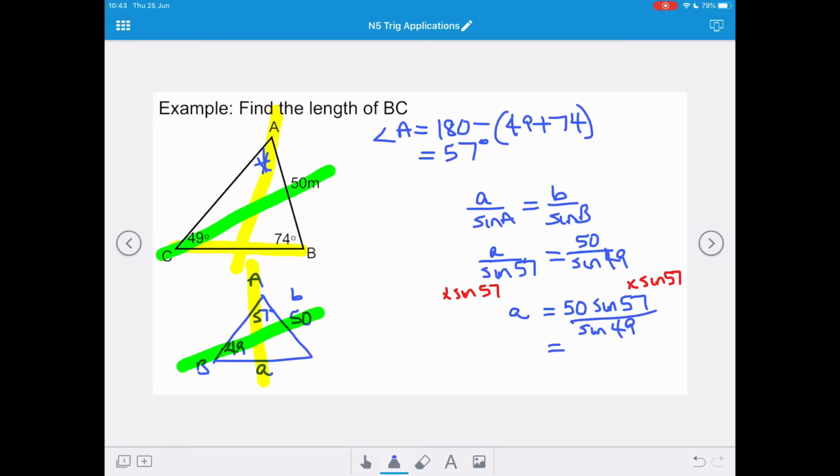And if we put that in our calculator, we're going to end up with a value of a of 55.562 and so on, and rounding that to 1 decimal place, we're going to get 55.6, and our units are going to be meters. Now remember that the question asked us for the length of BC, so we need to explicitly state that BC is equal to 55.6 meters.